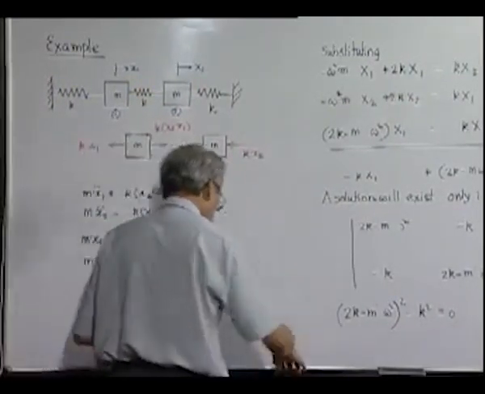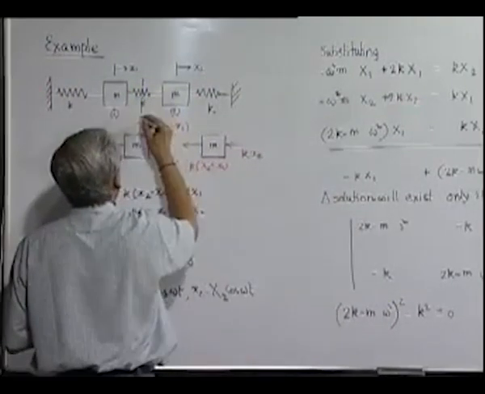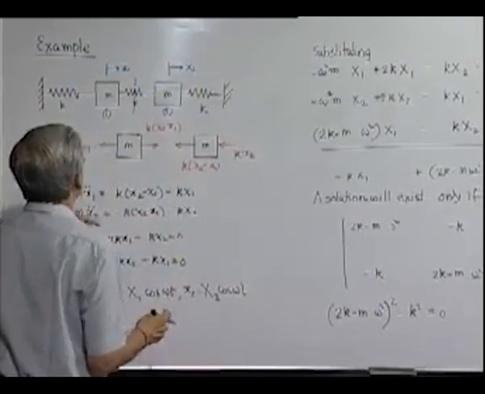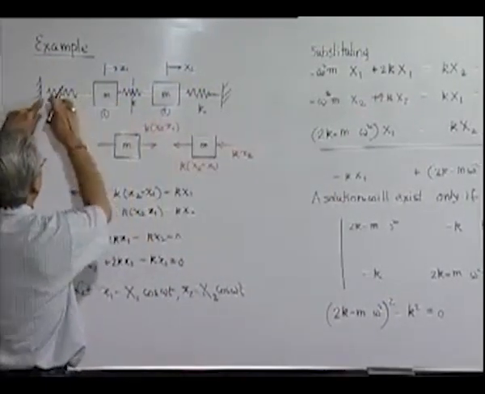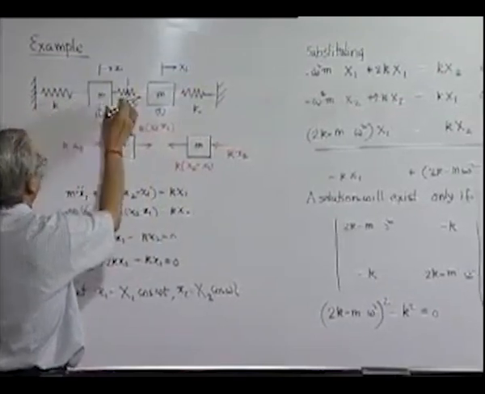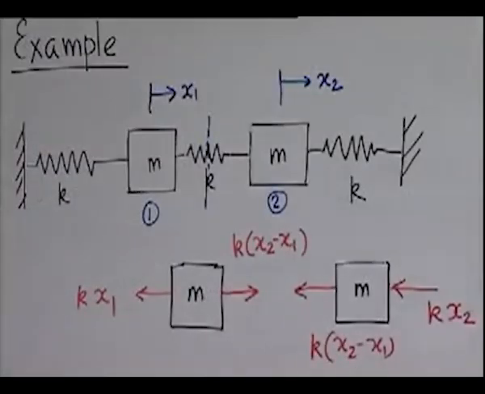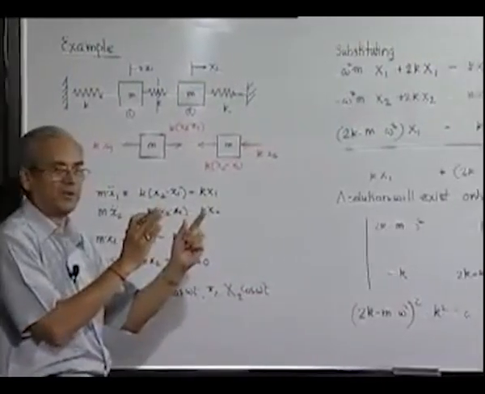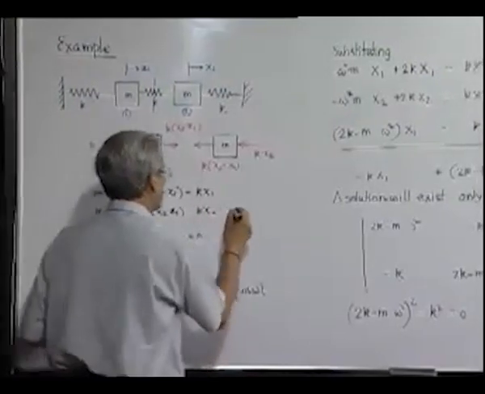The other mode is that they are just equal and opposite. What happens if they are equal and opposite? That means they are moving like this. If they are moving like this, then the midpoint of the spring will have no movement. And so therefore, we can consider the spring is halved, and there is a wall here, this point is fixed.